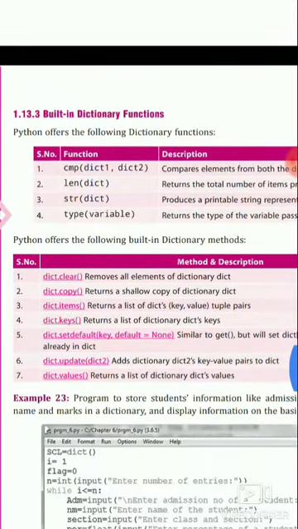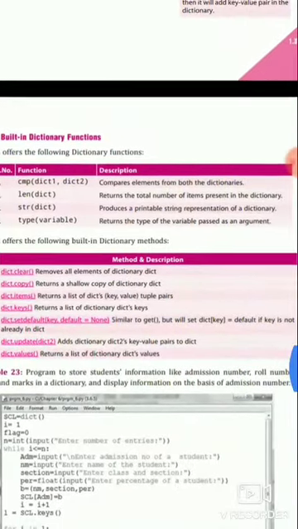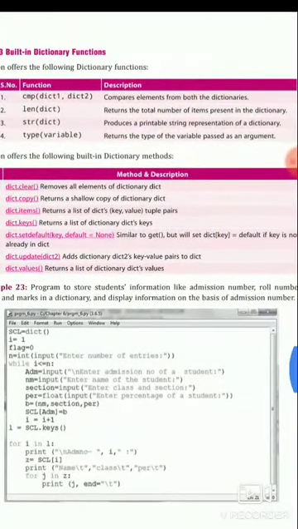So len(dict) will return the total number of items present in the dictionary. cmp(dict1, dict2) compares elements from both dictionaries. We have to check whether this function works in Python 3 and above or not. Then str(dict) produces a printable string representation of a dictionary, and type(variable) returns the type of the variable passed as an argument.